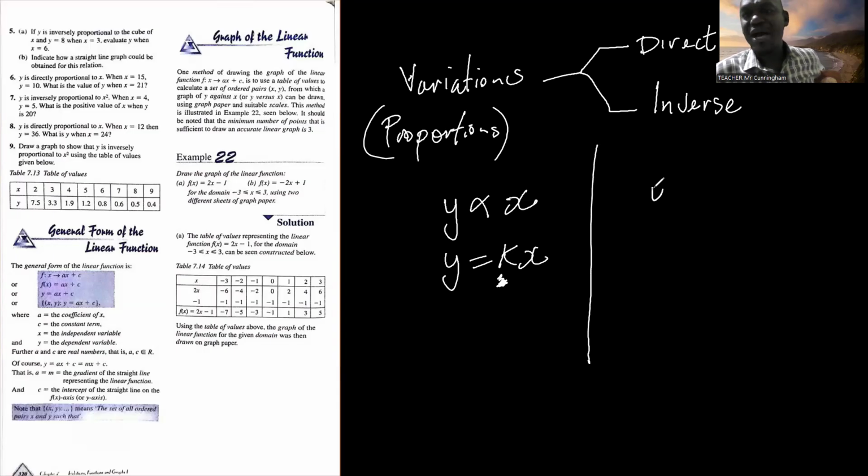Now, if Y is proportional to the inverse, it's 1 over X. Inverse means 1 over. The inverse of 5 is 1 over 5. The inverse of 6 is 1 over 6. The inverse of X is 1 over X.